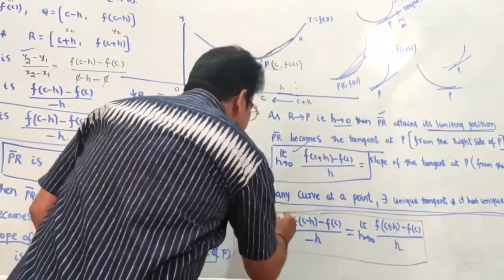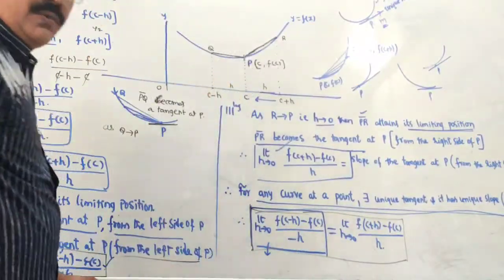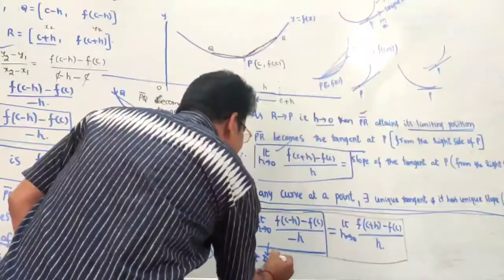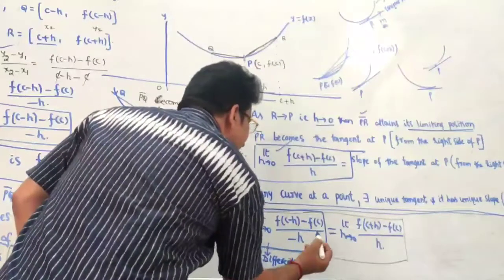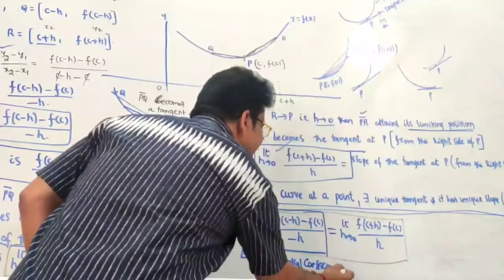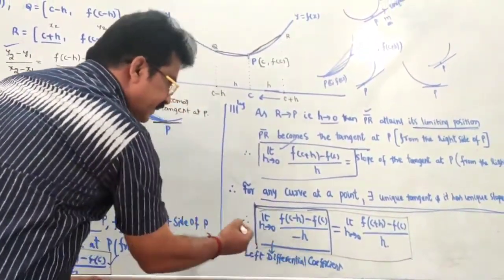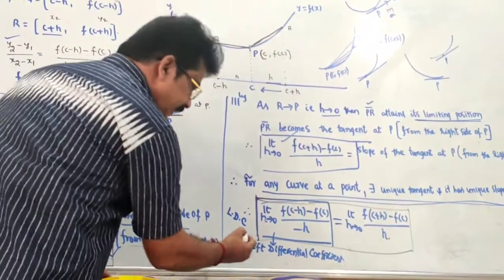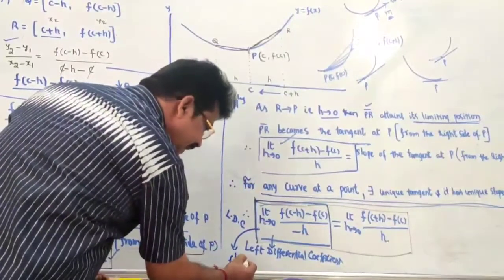Next, further. This value, the left hand side value, is called the left differential coefficient, simply LDC, and it is denoted by f dash C minus.